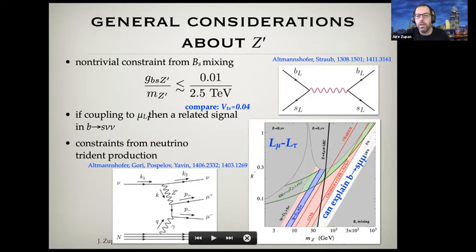The couplings to muons, if they have a left-handed component, then you also induce a neutrino trident signal. We have a neutrino scattering on a nucleus, and you see a mu plus mu minus production, where you have an extra contribution now from a Z prime.